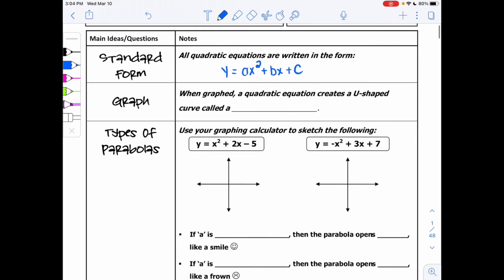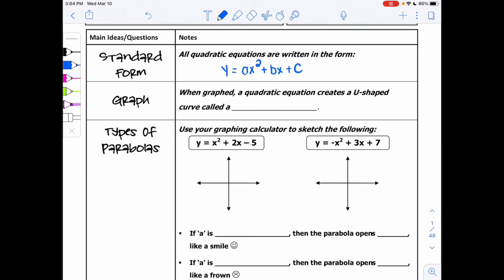For the most part, our quadratic equations are written in this form, and a, b, and c are important characteristics that help describe what this quadratic equation looks like. When you graph a quadratic equation, what you get is a U-shaped curve. That U-shaped curve has a very specific name. It's called a parabola.